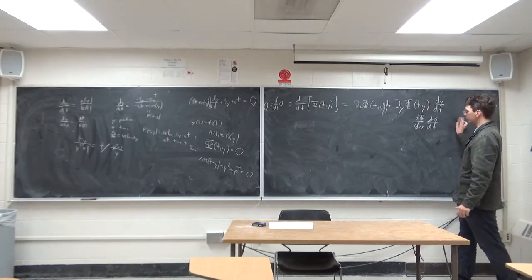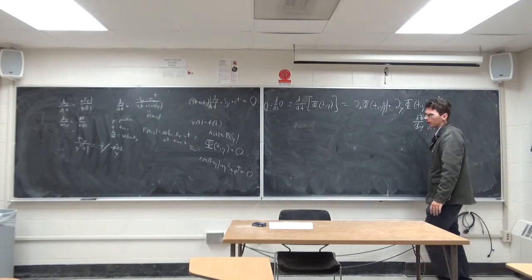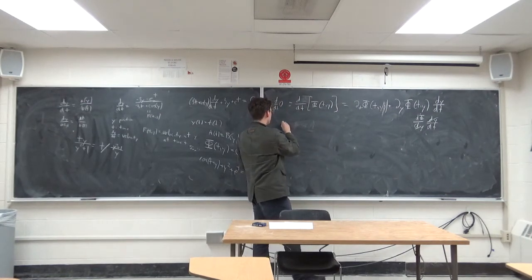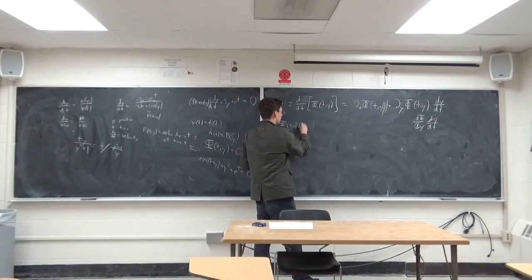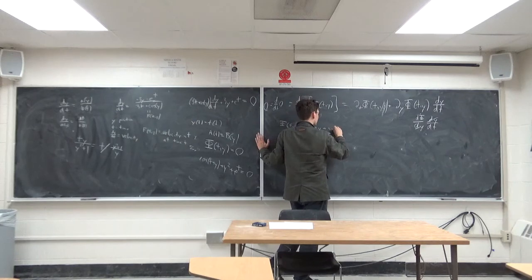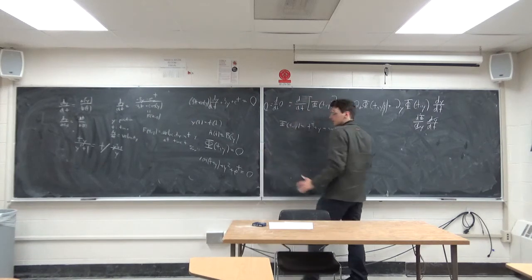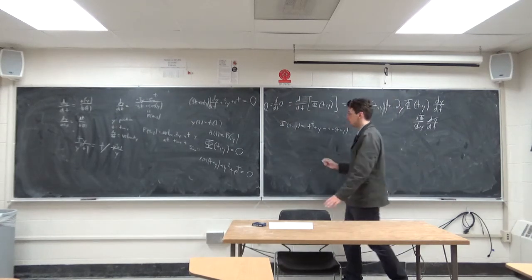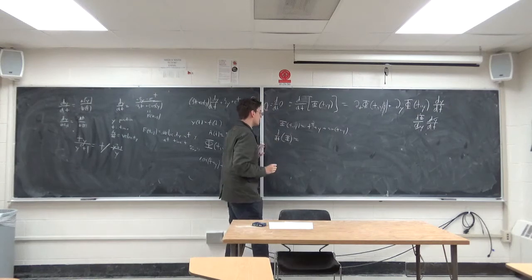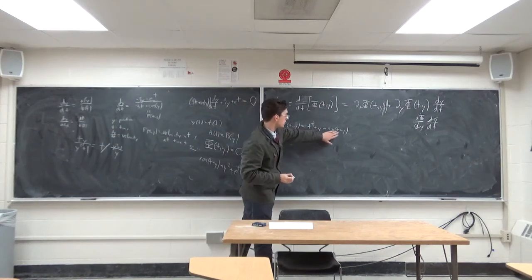So, just to be a little clearer about exactly what I mean, let's say phi looked like something along the lines of t squared plus y equals sine t plus y. What would the t derivative look like here? Well, I'd have to take the t derivative with respect to everything.